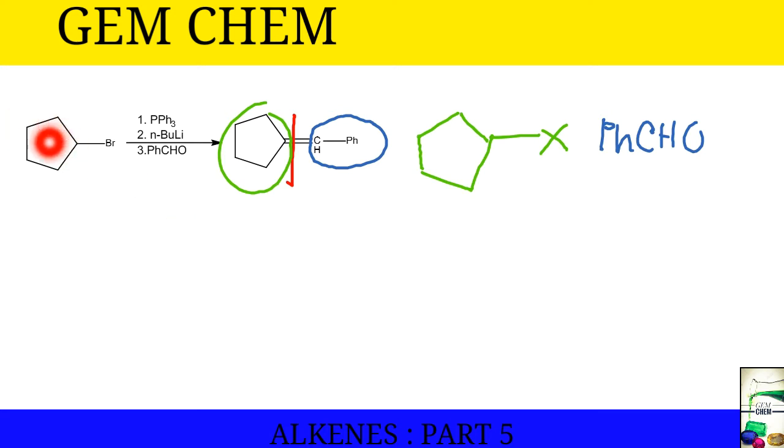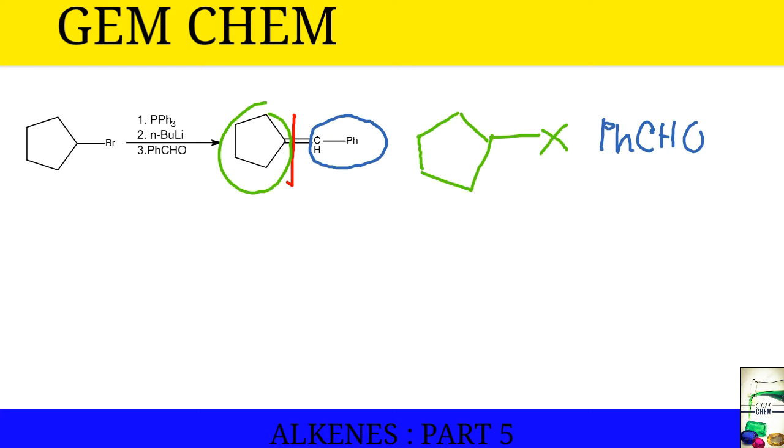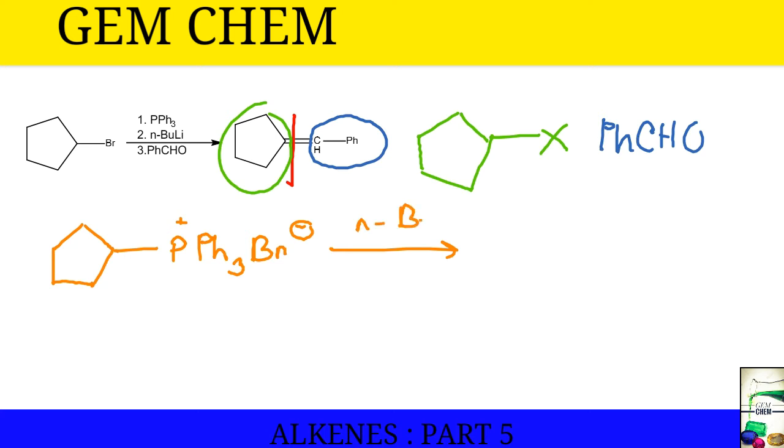So let us see how it is prepared. See, this is the halide plus PPh3, then a base, and then PhCHO. So see, what will be the result of the first step? We will observe it as this one, that is, this 4-membered ring P plus Ph3, then Br minus, then on adding the base, that is n-butyllithium, we will get the ylide.